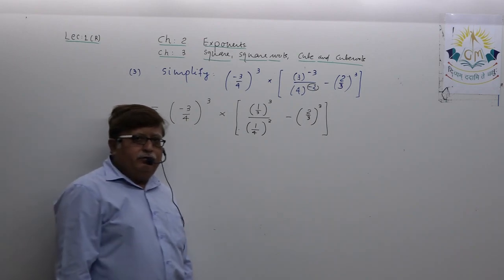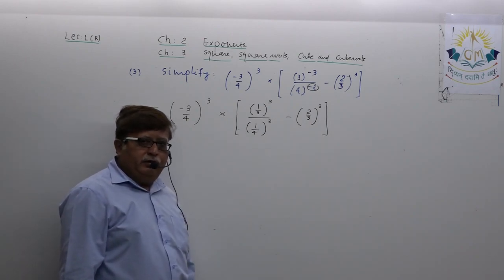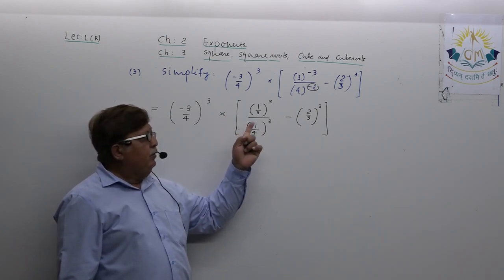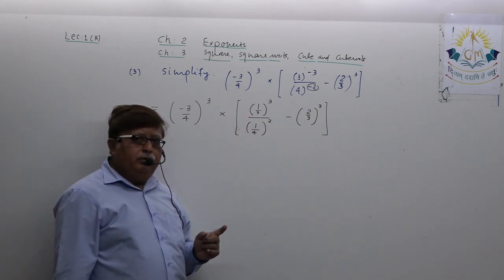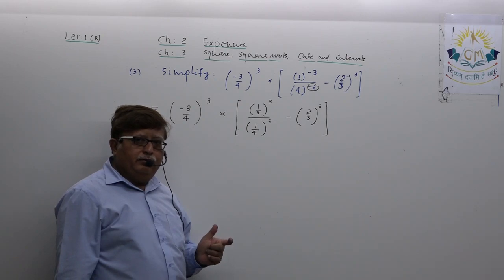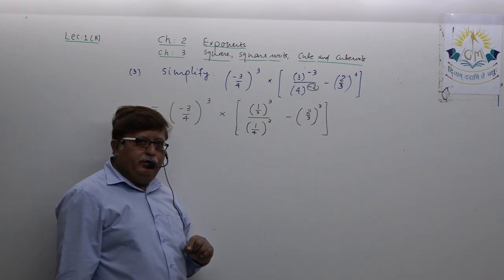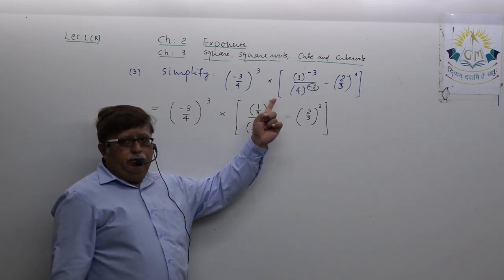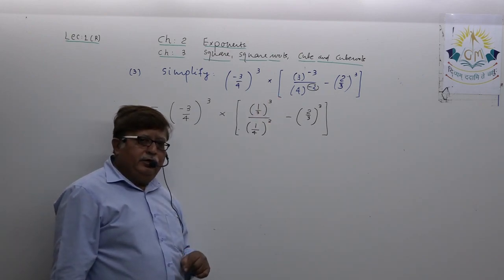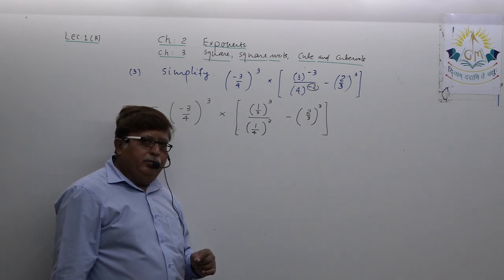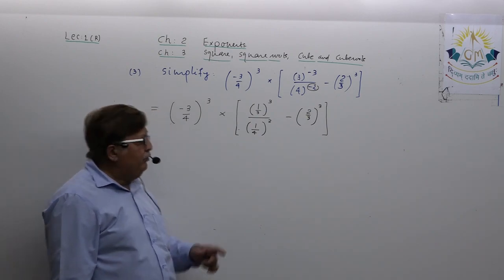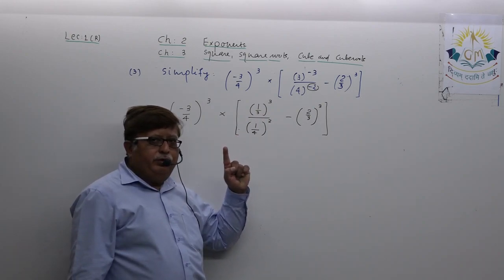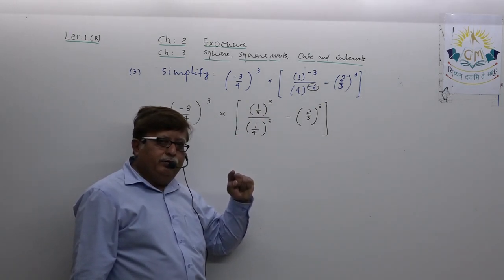My instructions for solving this example are: first, you need to solve the bracket, and for that particular purpose, you need to evaluate each and every term given in the bracket, and for that purpose, the power needs to be positive.